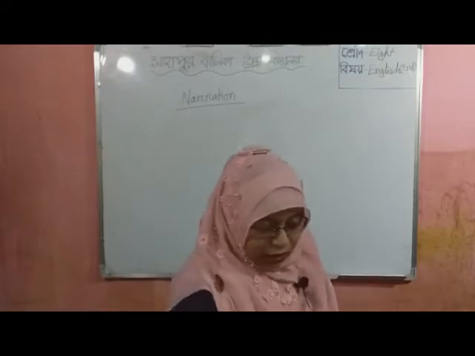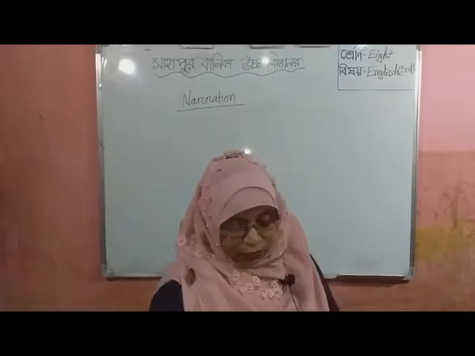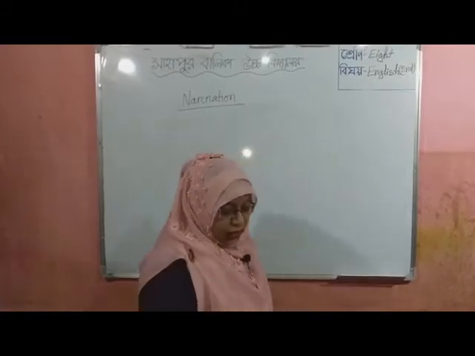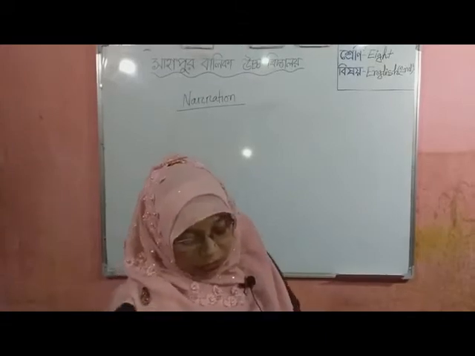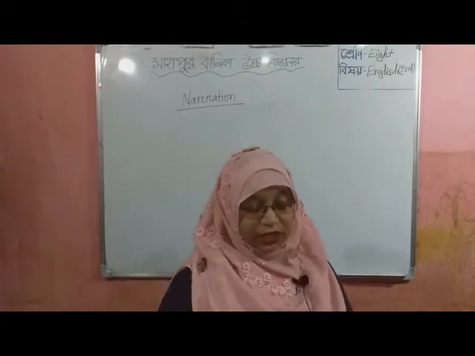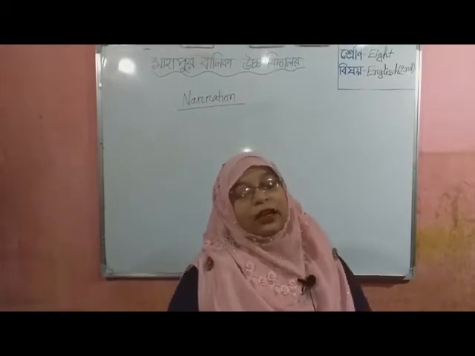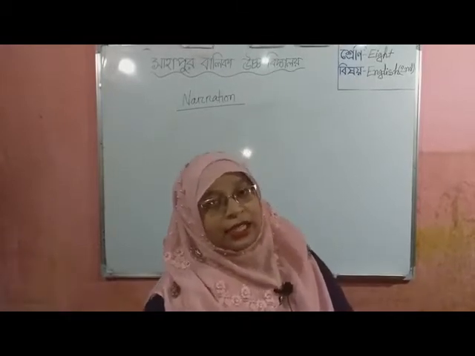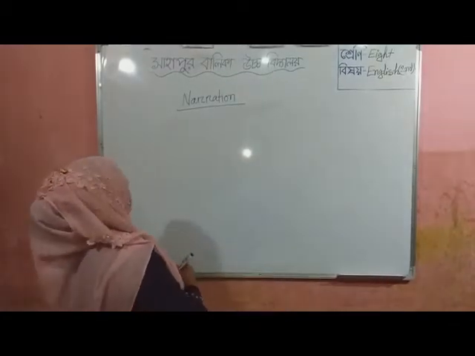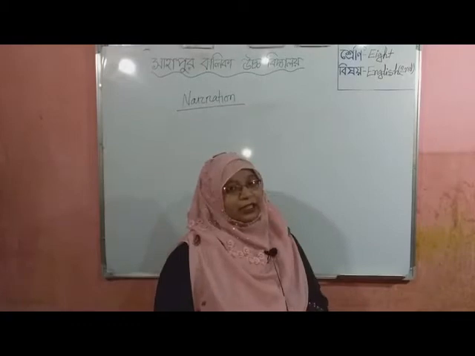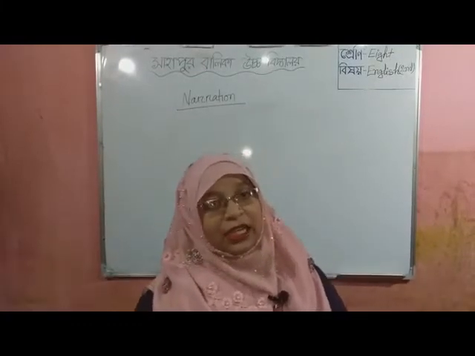Okay, dear student, I want to go through the changing rules one by one. First of all, I want to discuss changing narration through the tense. I think there are 12 types of tense.